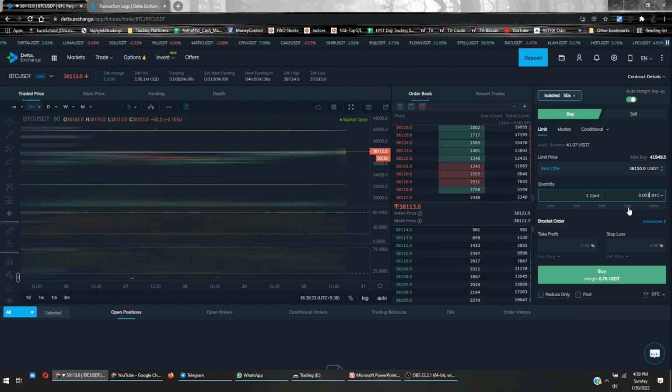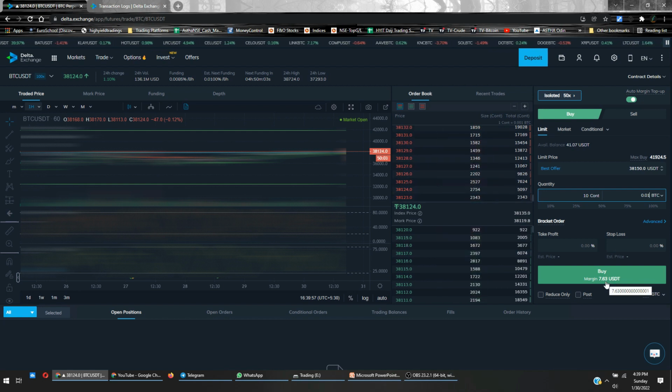Now, when you have $12.45 as your capital and you want to trade with 0.01 Bitcoin, that is 10 contracts, with a 50x leverage, you see here, this buy price is getting updated automatically, which means that in order to trade 0.01 Bitcoin with a 50x leverage, you need a capital of 7.63 USDT.